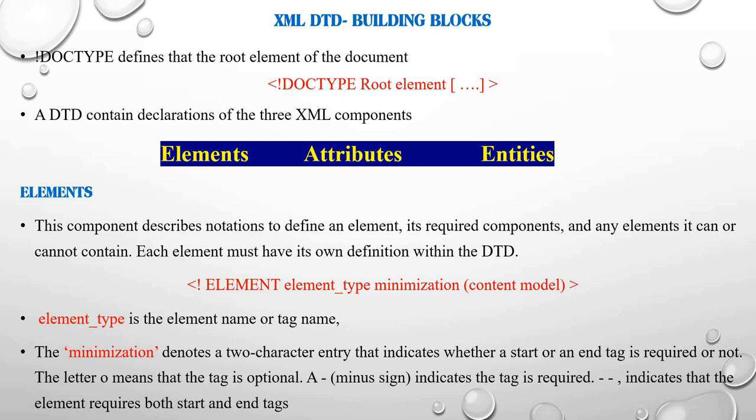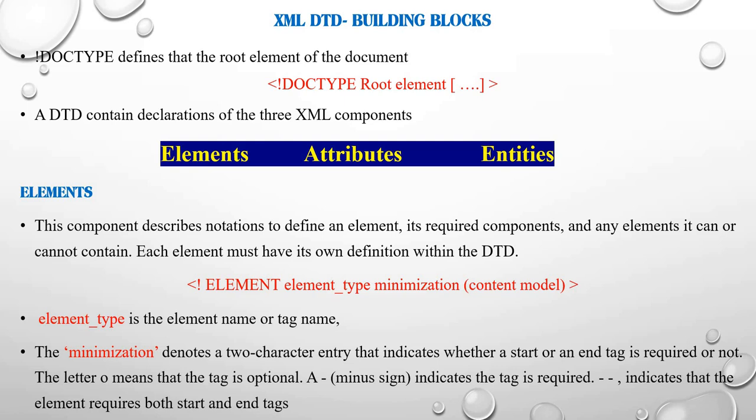A DTD contains declarations of 3 XML components. We can declare elements, attributes and entities inside a DTD. Elements: this component describes notations to define an element. It requires components and any elements it can or cannot contain. Each element must have its own definition within the DTD.